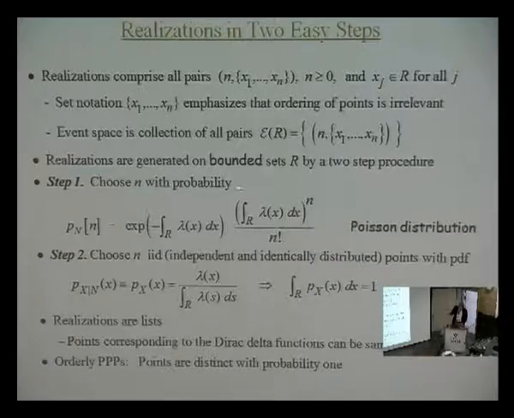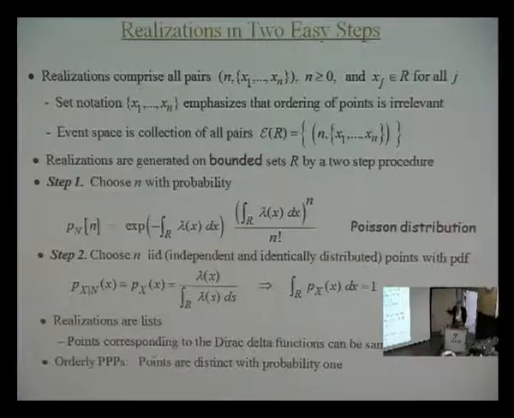So first you integrate lambda of x over the region R, and you get a number, just a number. That number defines this PMF, the probability mass function, or the Poisson distribution on the number of points we're going to get. So we draw a realization of this Poisson distribution with a mean rate equal to the integral of the intensity function over the domain.